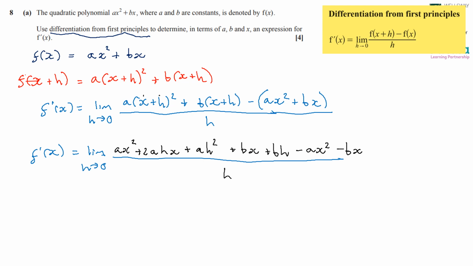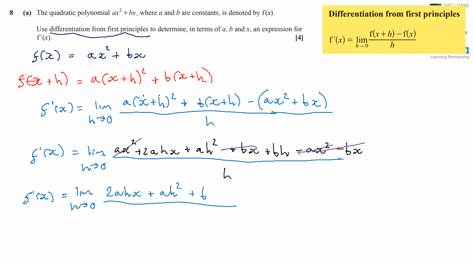Now, once it looks like that, some of these things are going to cancel. So ax squared minus ax squared cancels quite nicely. We've also got bx here and bx here, which cancel. So if we rewrite what we've got now, on the top we've got 2ahx plus ah squared plus b lots of h, all over h.